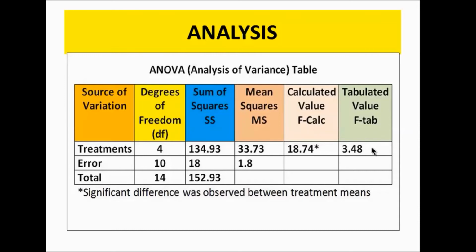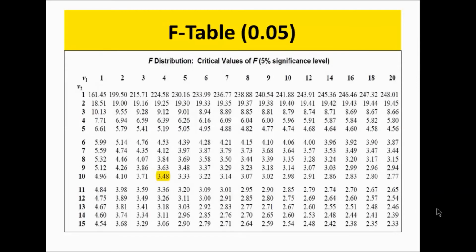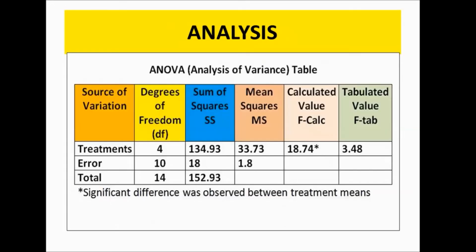Now let's check where we obtained this 3.48. We call this the F table at 5% significance level. Now check the ANOVA. We have the treatments, degrees of freedom 4, and we have the error, degrees of freedom 10.